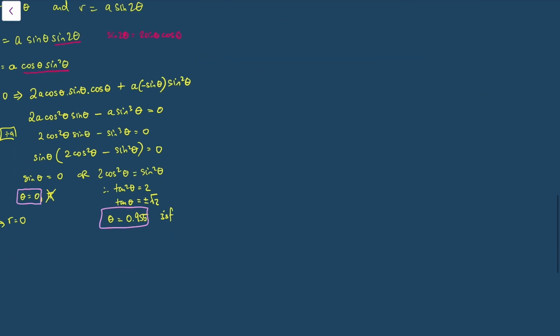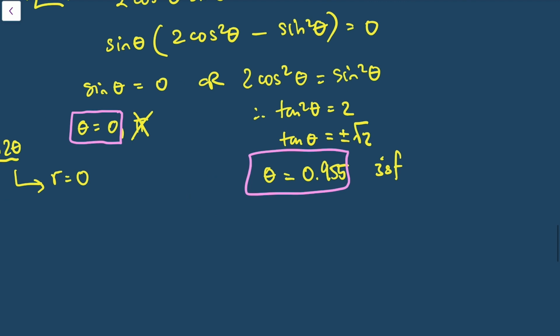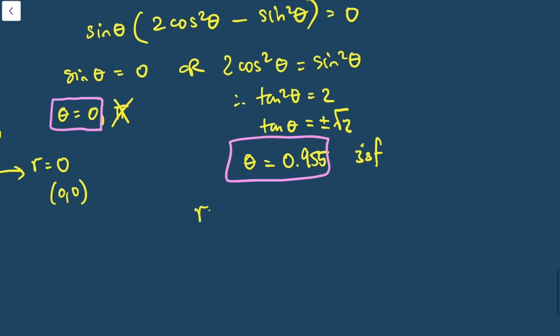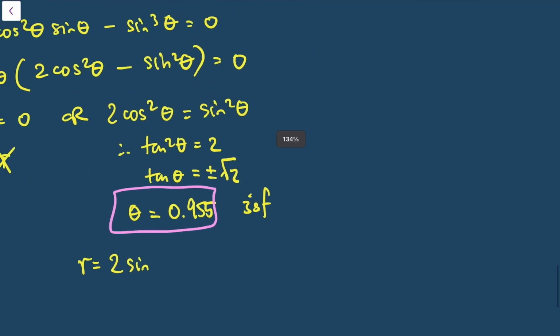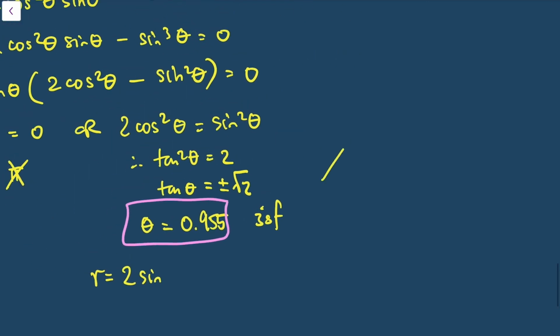But it's similar to the previous case, because I go back down and come back again. So the only solution we are going to consider is this one, r is equal to 2 sine of, well, I'm going to have to sub in the exact value. Because look, I have that tan theta is equal to root 2. Tan theta is opposite over adjacent, which means this side must be root 3.